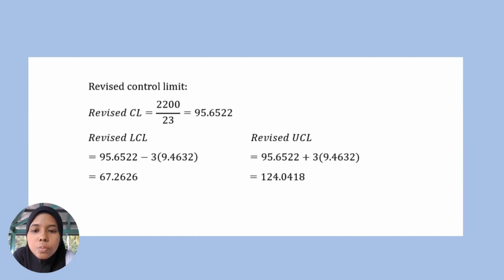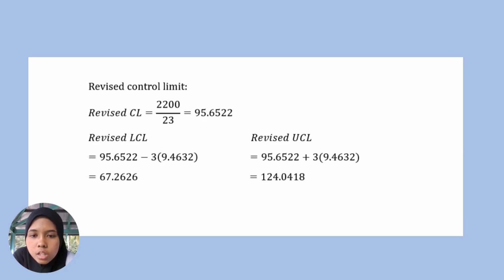Based on the graph I showed before, we can see that in the NP chart, there are 2 points which are out of the control limit. Now, I would like to show the calculation for the revised control limit for the NP chart. For the CL, it is equal to 2,200 divided by 23, which is equal to 95.6522.